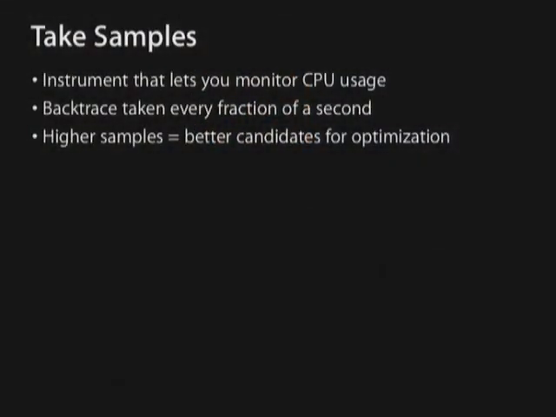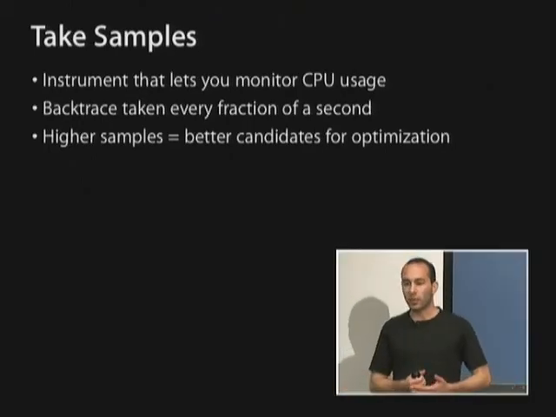And then the last thing here is to take samples. Another one of these instruments that are really handy is the CPU sampler. The CPU sampler will periodically, I think 10 microseconds is the default, or 100 microseconds, some number is the default, take a backtrace of your application, and then it builds a graph of where you're spending most of your time. The reason that sampling is important is that you don't want to just blindly start optimizing your application, right?